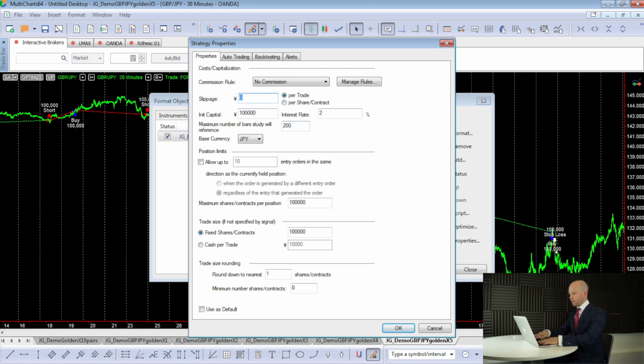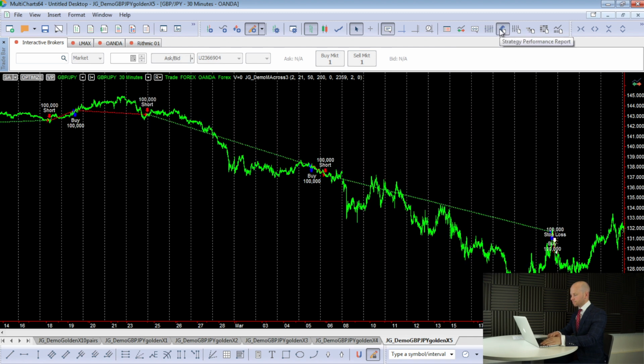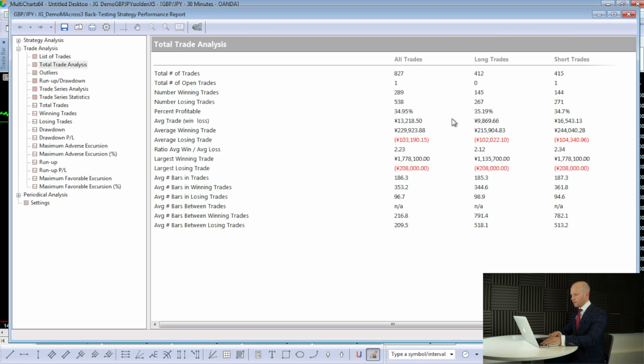If I include 4,000 yen per trade, which is equivalent to 4 pips, trading at one full lot, let's have a look now how the performance has changed. And we can see that our average trade has dropped 4,000 because that's the 4,000 that we just included.